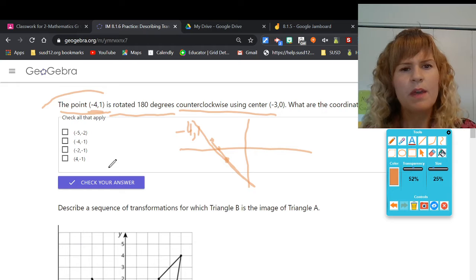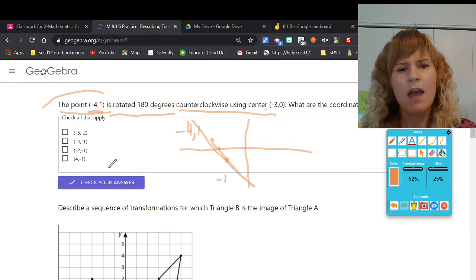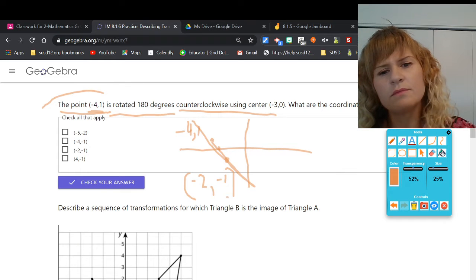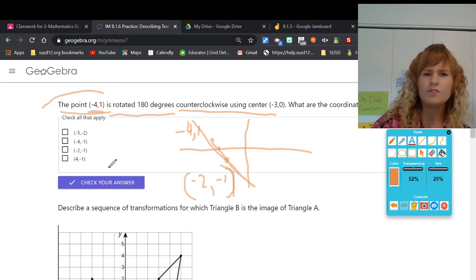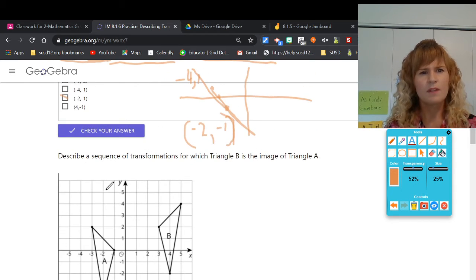So the y-axis is going to become a -1, and the x-axis is going to become a -2. I can visualize that. Can you visualize that? Okay, go ahead and try it yourself. Try to visualize that. And then check your answer. Let's keep going.